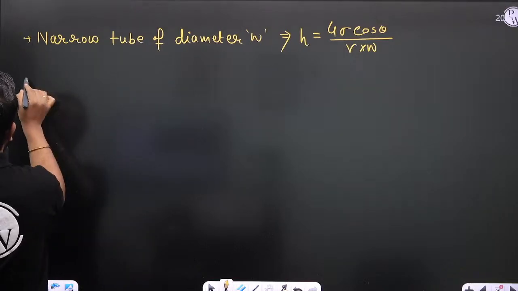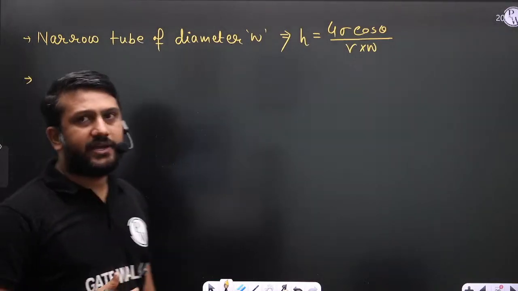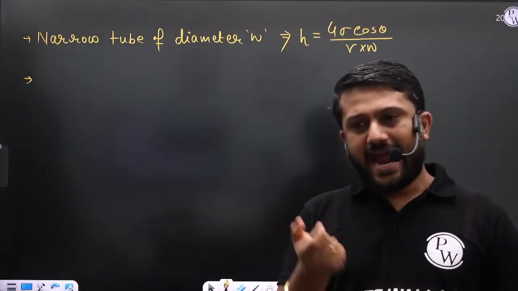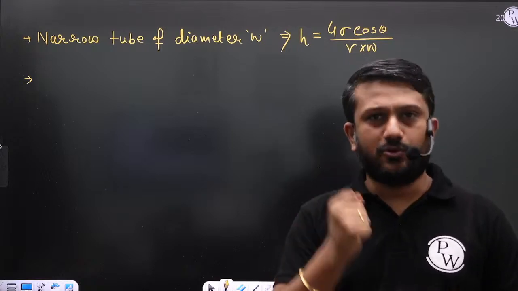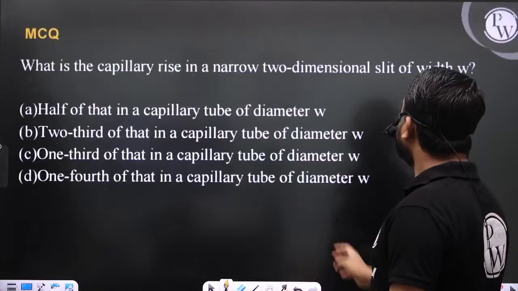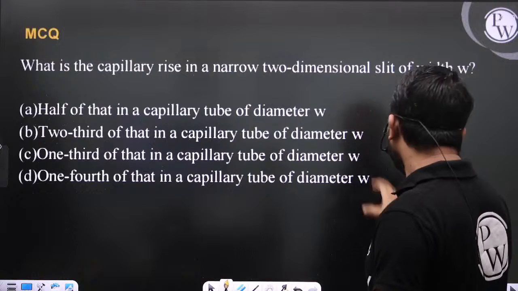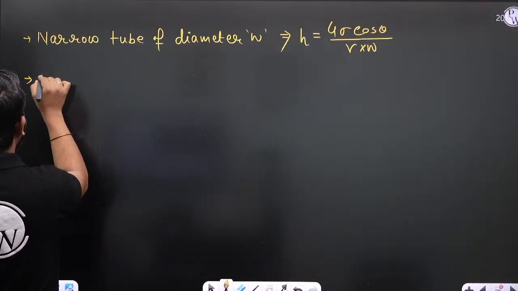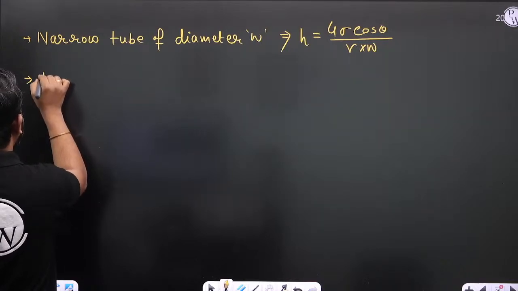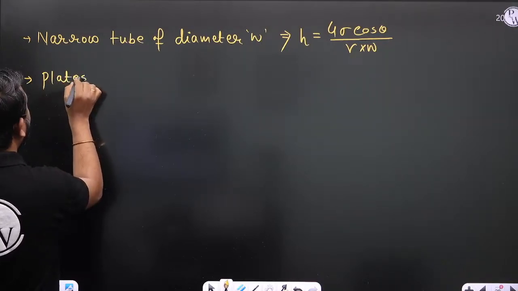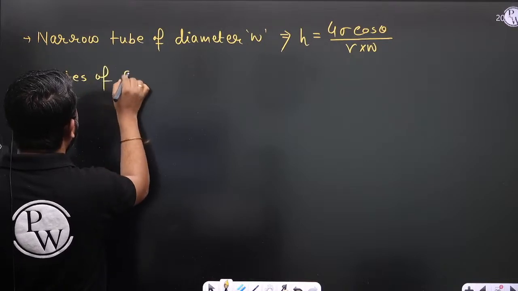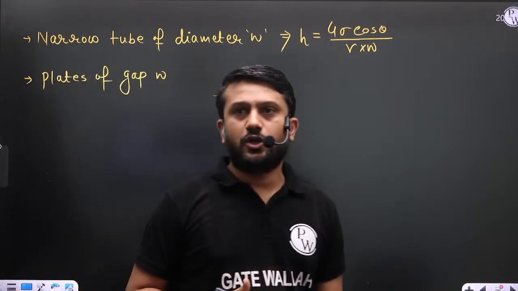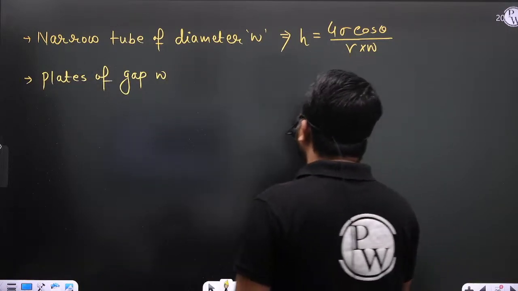Now, instead of the narrow tube, if I consider a two-dimensional slit, meaning two plates, and in between these two plates the gap is W. In the question it is mentioned, two-dimensional slit of width W, that is nothing but plates of gap W. So in this case, what is H?